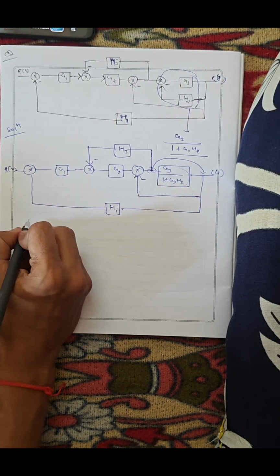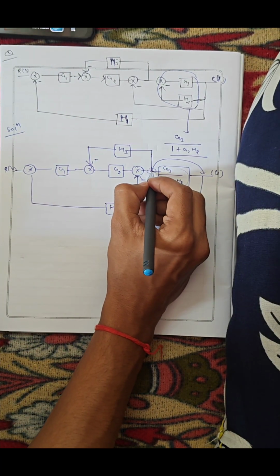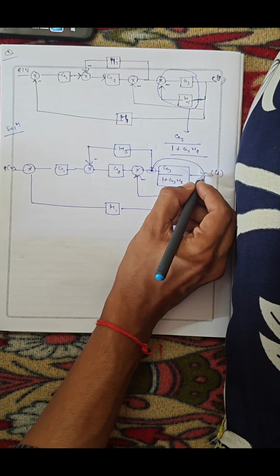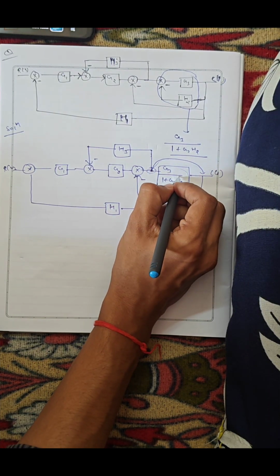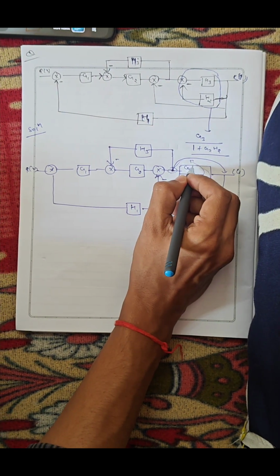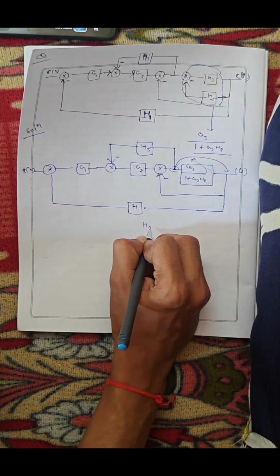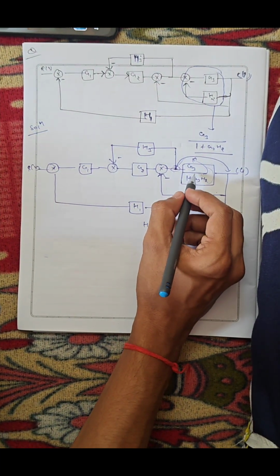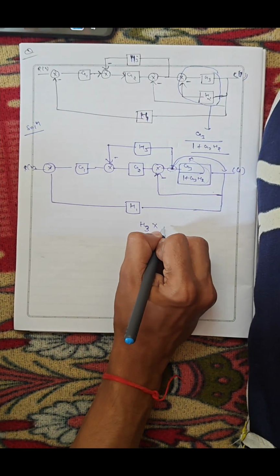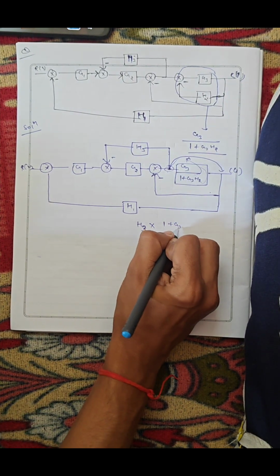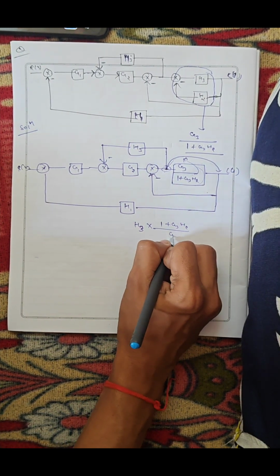The rule says that for moving that point further, we will divide. So if we divide by G3 upon 1 plus G3 H2, it will come in the multiplication of 1 plus G3 H2 into G3.